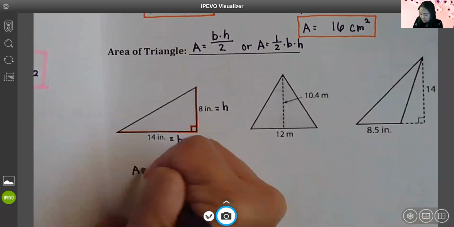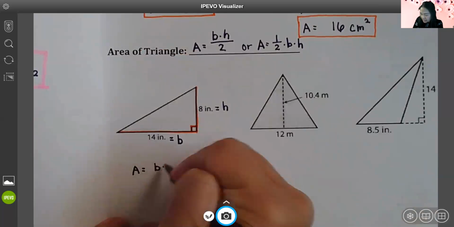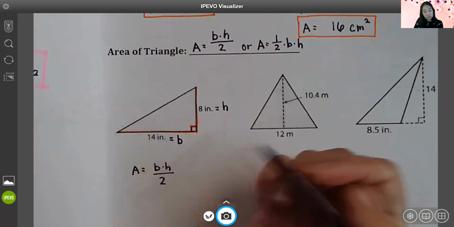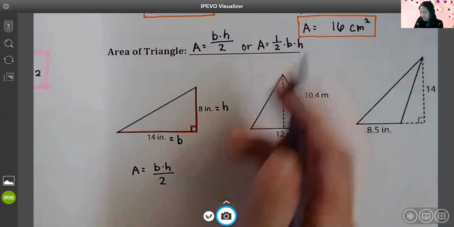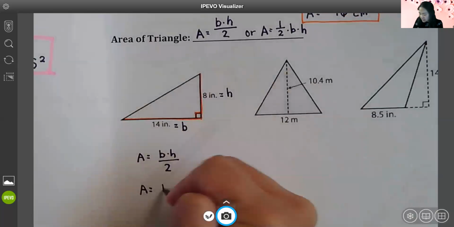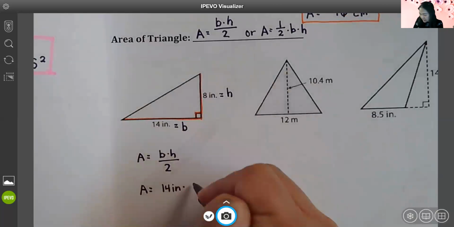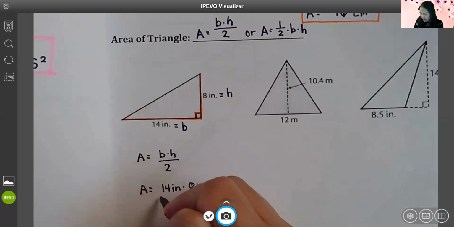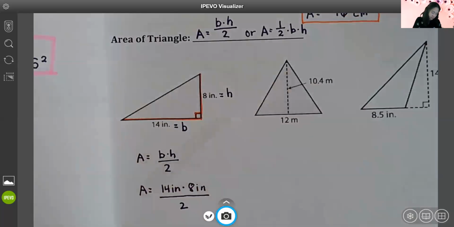Area equals base times height divided by 2. I just copied the formula. Now I'm going to substitute. Area equals 14 inches times 8 inches divided by 2. Okay, you can use a calculator.